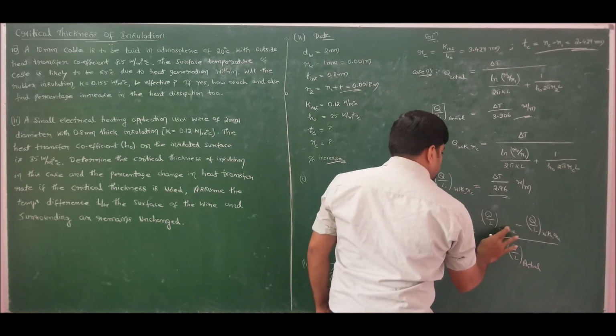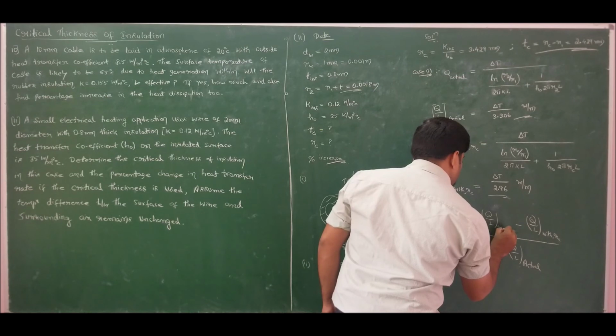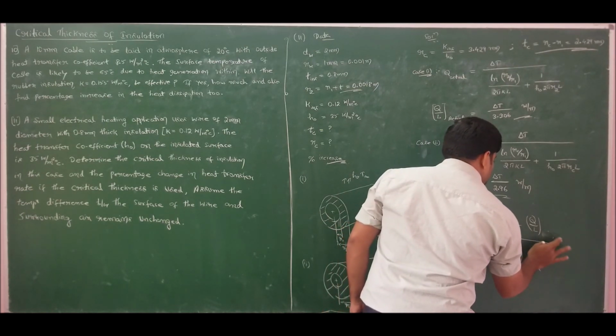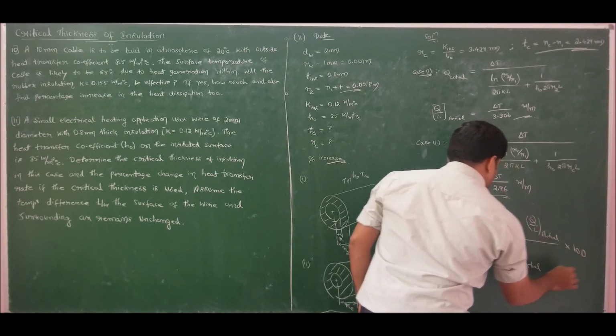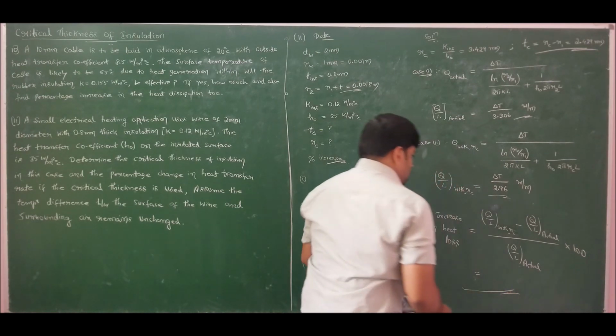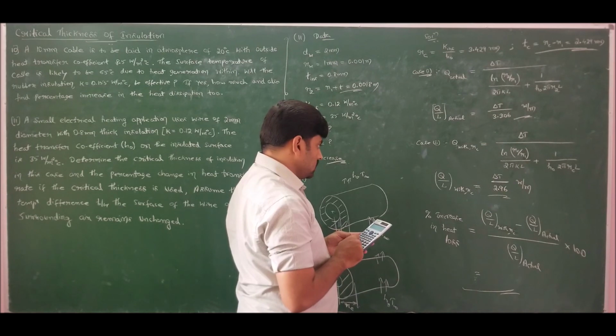Sorry, the one with critical radius is higher, so it is with critical radius minus actual, by actual, into 100. That is with critical radius.